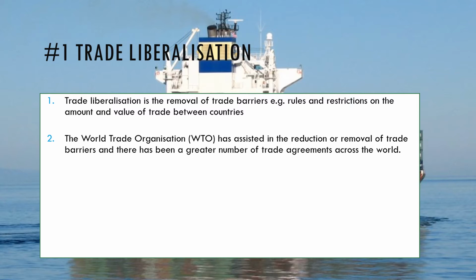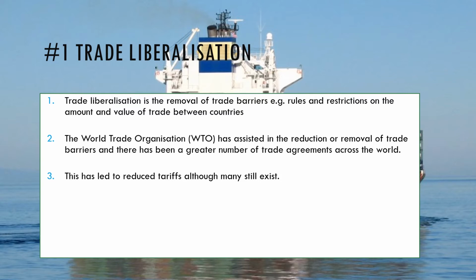An organization that has had a large impact on trade liberalization, or is a large proponent of it, would be the World Trade Organization, sometimes known as the WTO. It's an organization where countries' governments meet and discuss issues over trade, and they try to push countries to agree to remove restrictions on the number of imports or exports, or things like taxes on imports.